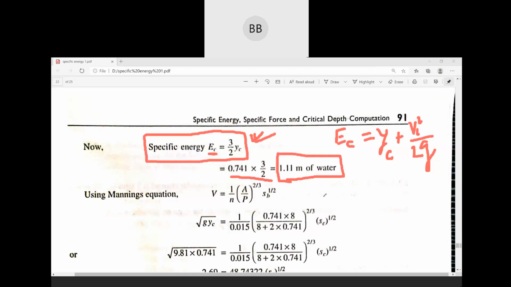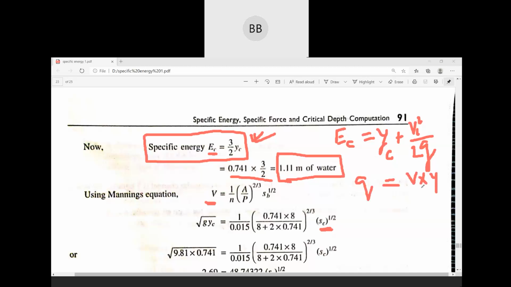So now the last part is to find out the critical slope. We are going to use Manning's equation. I think Manning's equation is now familiar to you all. It is V equal to 1 by n R to the power 2 by 3 Sb to the power half. As we are talking about critical flow condition, this Sb will be Sc. In place of Sb, you can write Sc. So in this equation, for velocity, if you remember, small q is V multiplied by y.